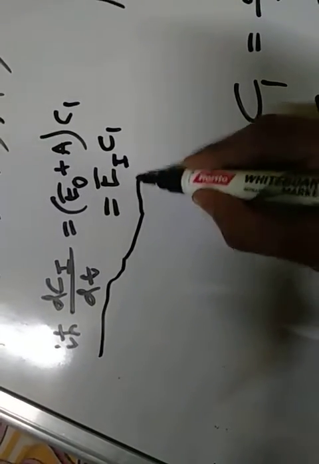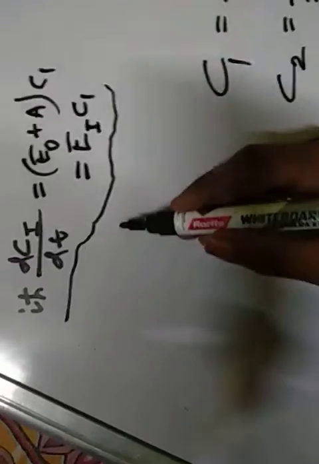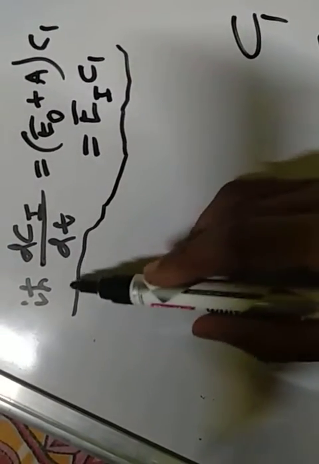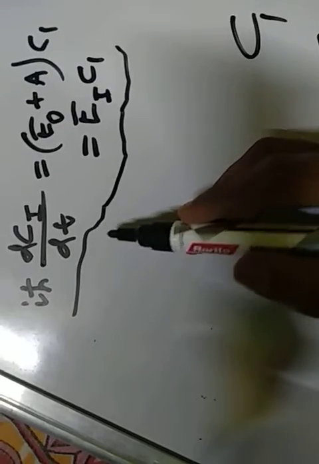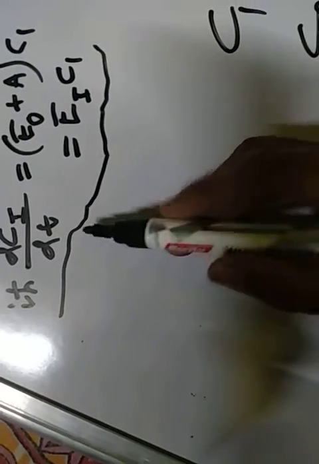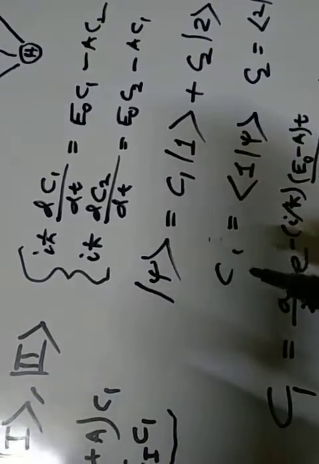So you can see the wonder, the spectacular behavior of the evolution of the state. For this is a much simpler equation than the previous two.